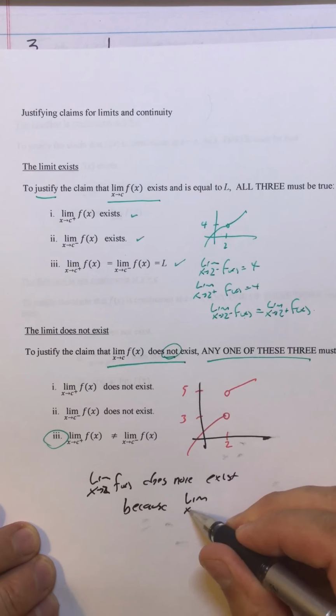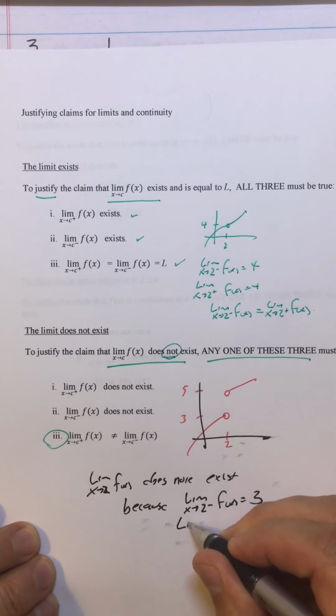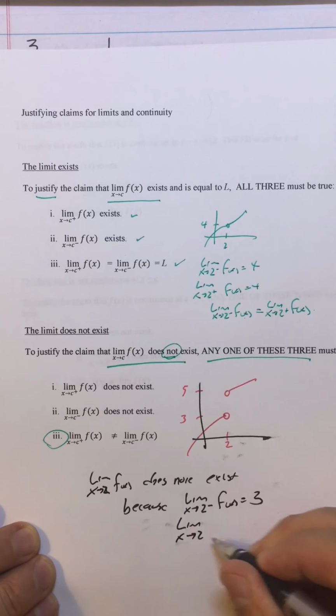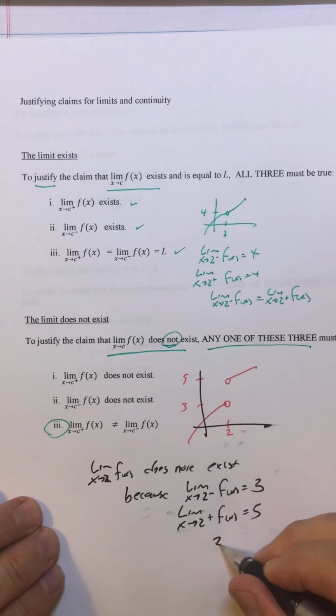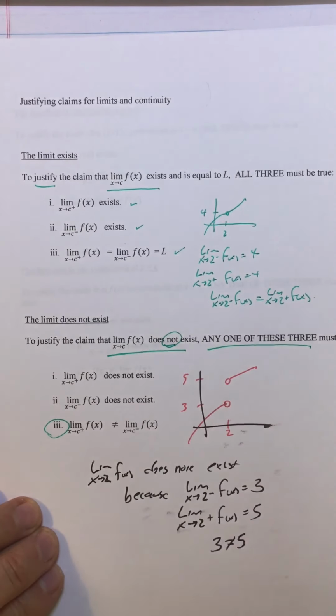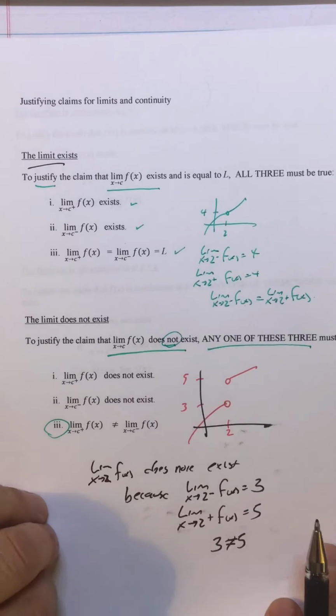So the limit as x approaches 2 from the left of f of x is 3. The limit as x approaches 2 from the right of f of x is 5. And 3 does not equal 5. Right? There are lots of different ways you could write it. All right, so that's limits, which you've actually done quite a bit of this already.